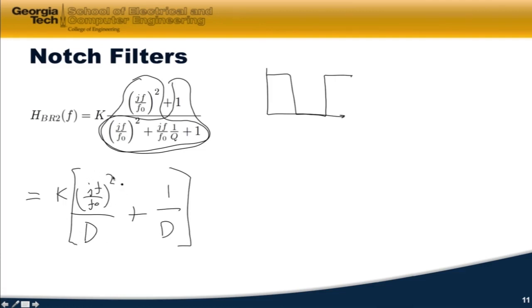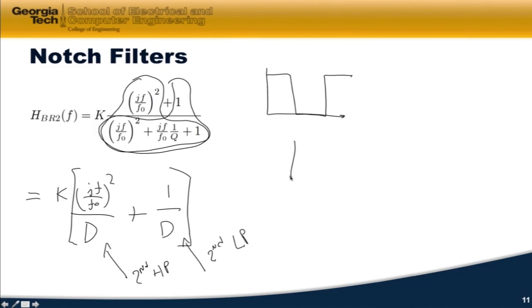Now, what type of transfer function is this, and what type of transfer function is this? This would be a second-order high pass, and this would be a second-order low-pass transfer function. So a notch filter transfer function can be obtained by adding a second-order high-pass to a second-order low-pass filter.